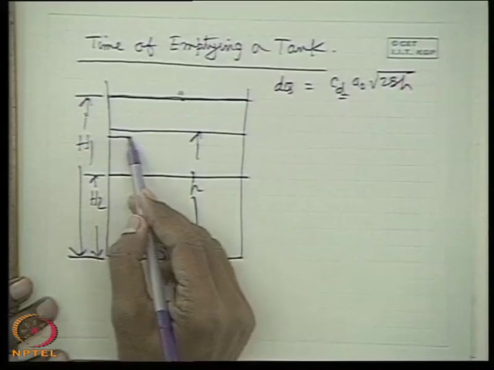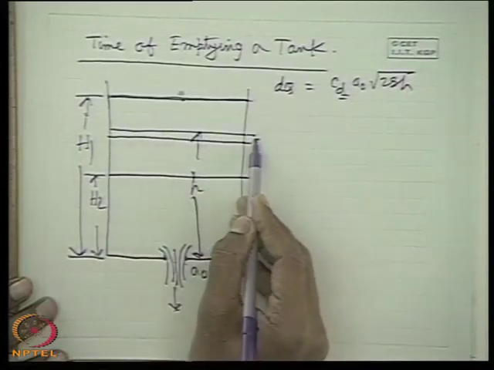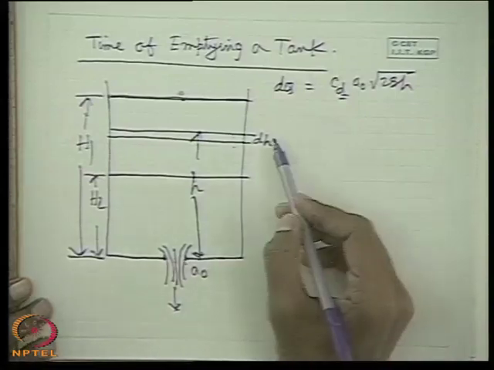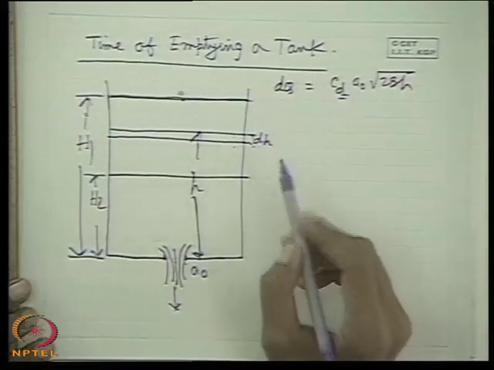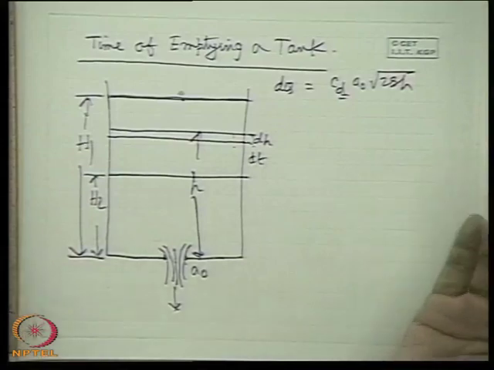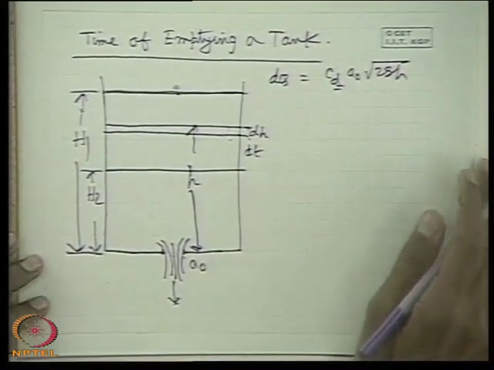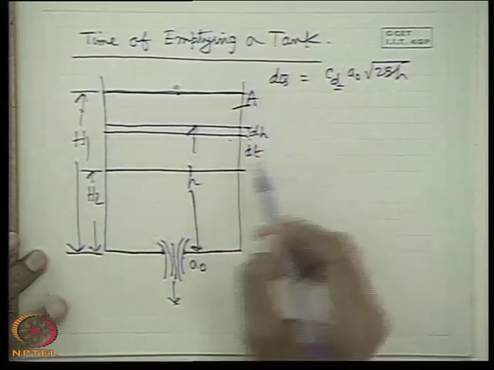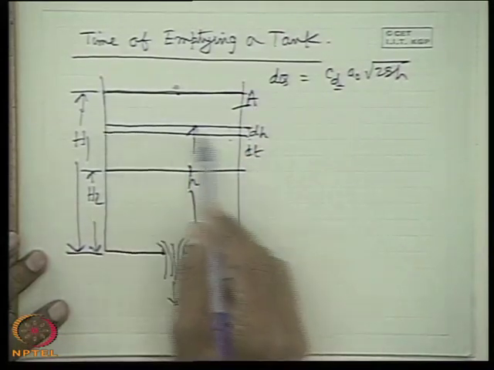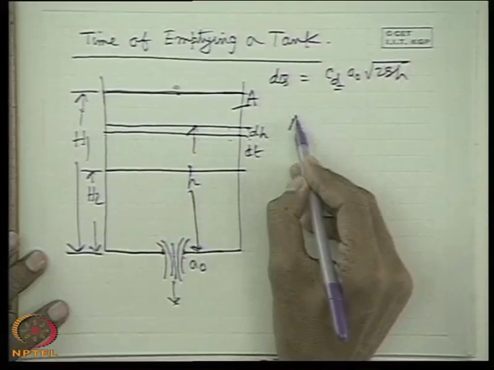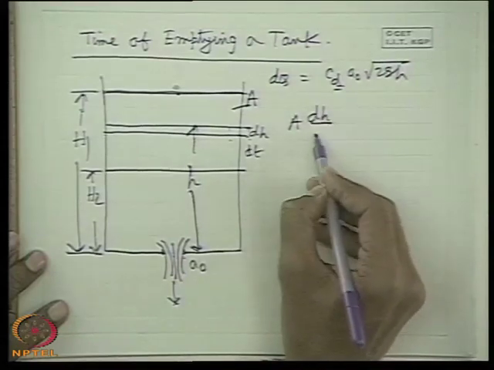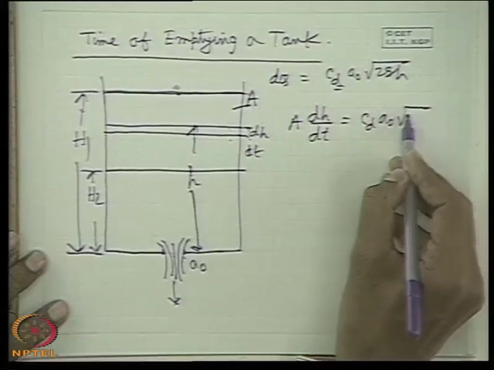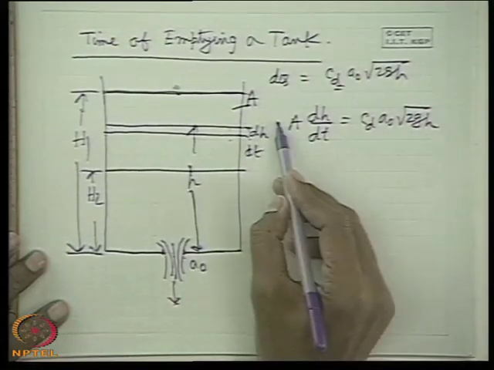So if we consider dh as the decrease in height for a time dt, or rather we can think in various ways. If A is the cross-sectional area of the tank, the rate at which the volume is reduced in the tank is A dh/dt, and that must be equal to CD A0 root over 2gh with a negative sign.